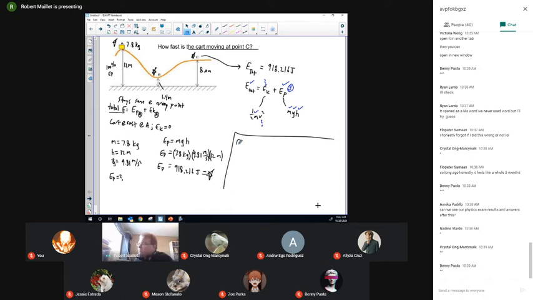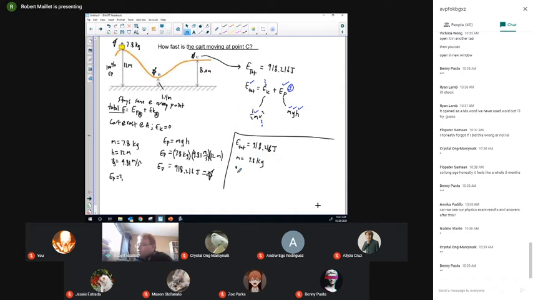I have energy total being 918.216 joules. And I have a mass of 7.8 kilograms.